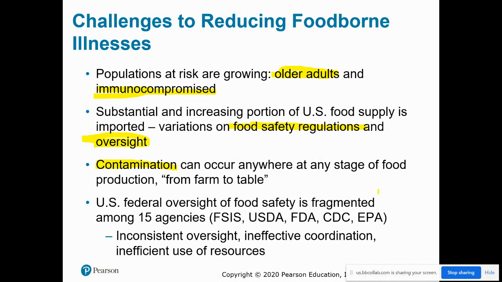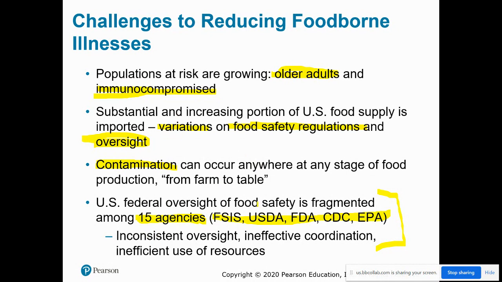And then just within the United States alone, we also have strong variation, if you will, in our own oversight of food safety. So for better or worse, there are actually 15 different agencies, and your book lists a few of them. There are 15 different agencies that are supposed to oversee food safety regulation.